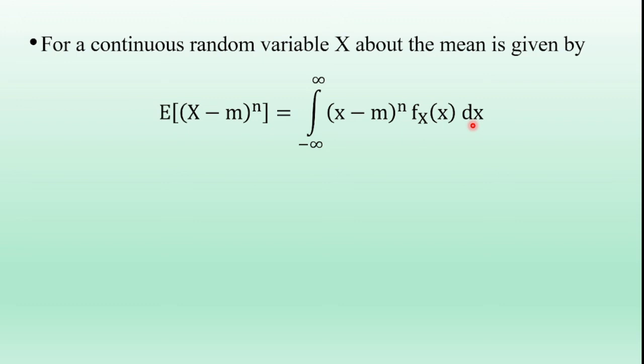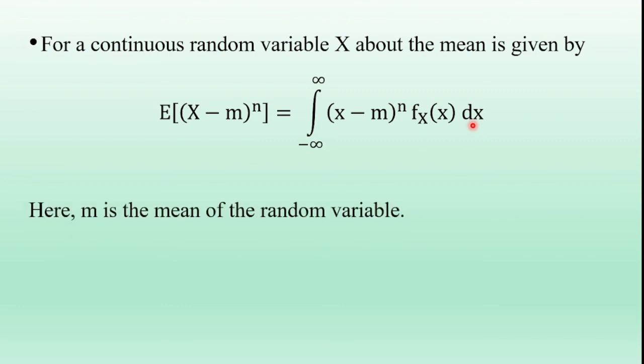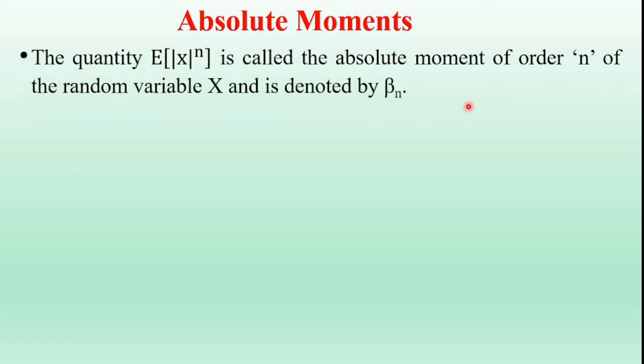And one more important moment of the random variable is the absolute moment. The absolute moment is denoted symbolically by expectation of magnitude of X power n. The quantity expectation of magnitude of X power n is called the absolute moment of order small n of the random variable capital X, and it is also denoted by beta suffix n.